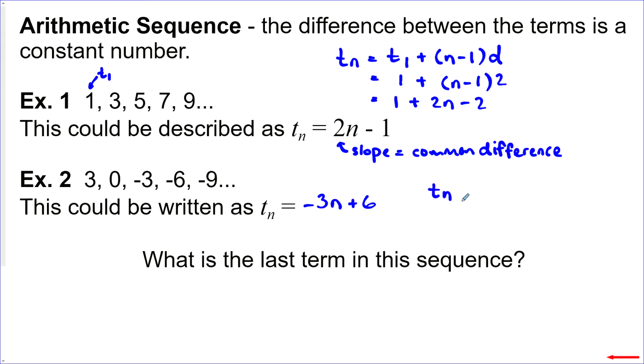So Tn is equal to term 1, so 3 plus n minus 1 common differences, and that'd be -3. And we could sort this out, 3 plus or minus 3n plus 3, and collect it up, and it would look just like this.